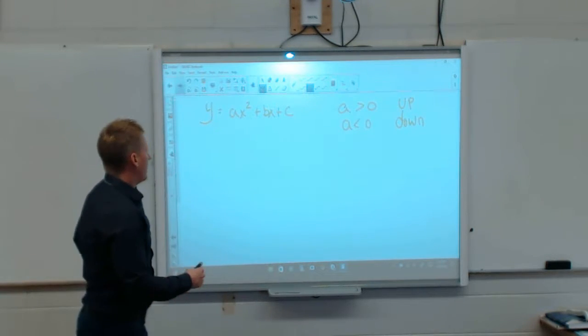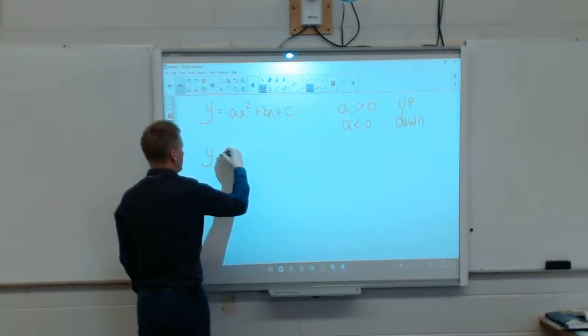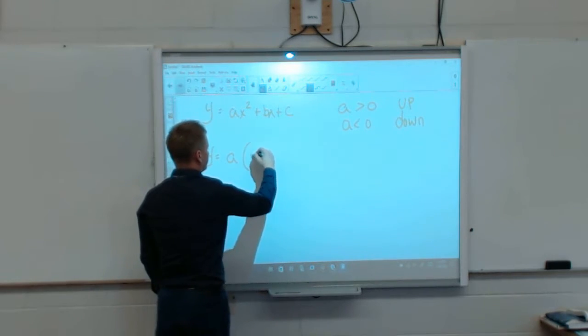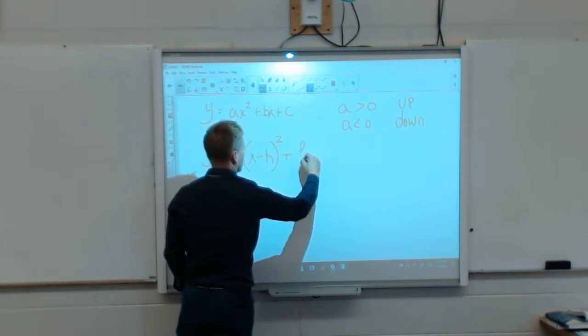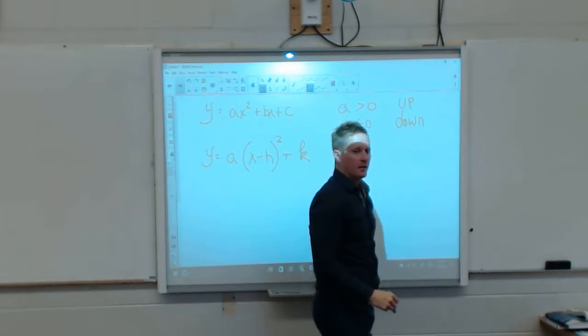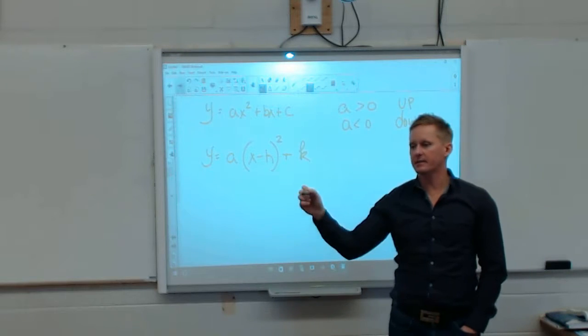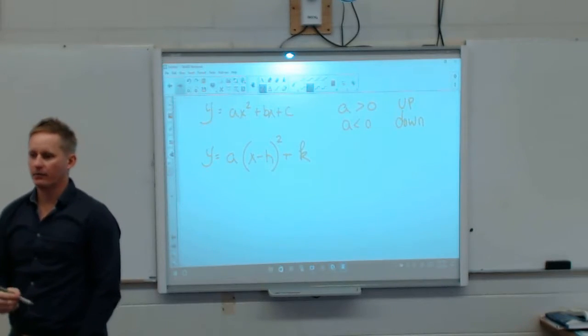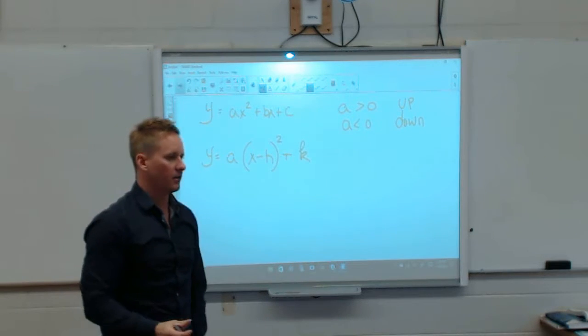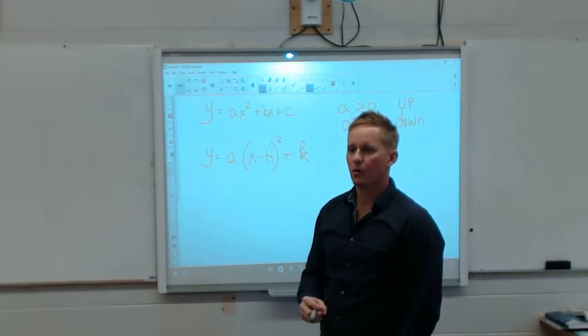Okay? Now, I also mentioned yesterday the general equation for this graph, in which your a value still does the same things. It still tells you whether it opens up or down. It still tells you whether it's wide or narrow. But the h and k told us something else.